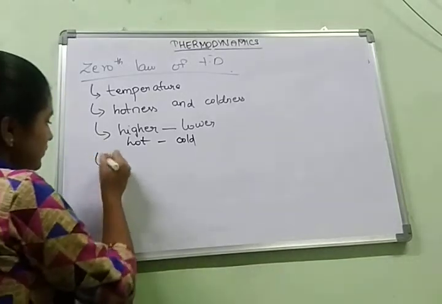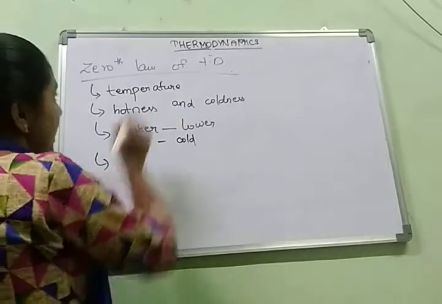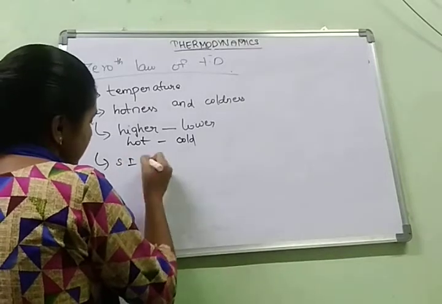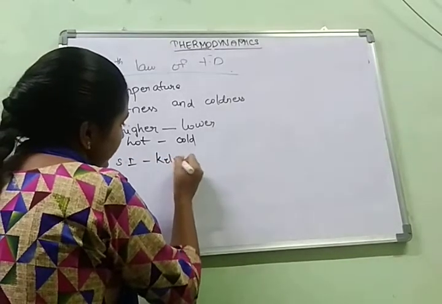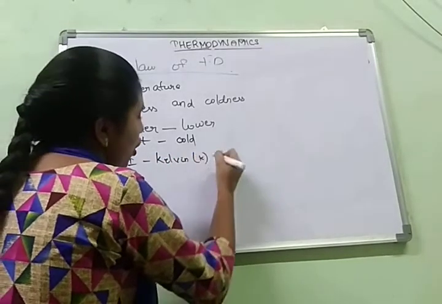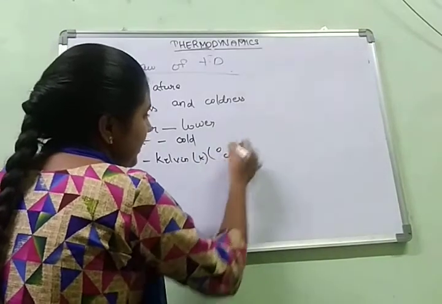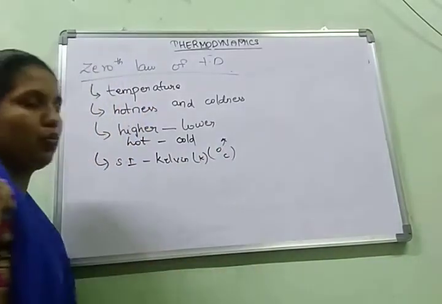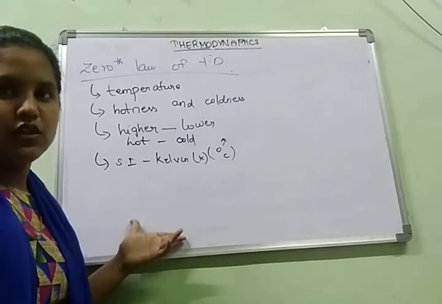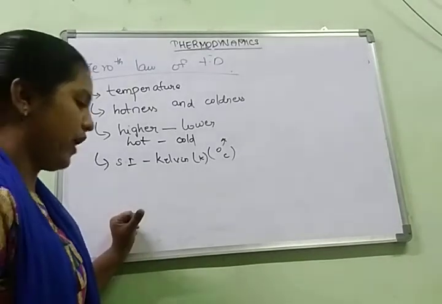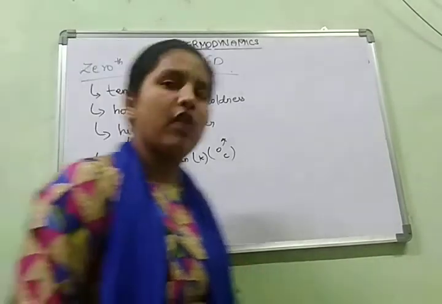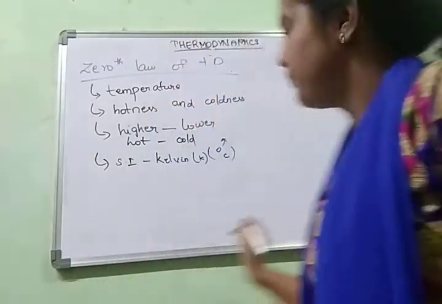So here the SI unit of temperature is Kelvin, simply K, or degree Celsius. Degree Celsius is the most commonly used. So this is the zeroth law of thermodynamics. Does anyone have any doubts?